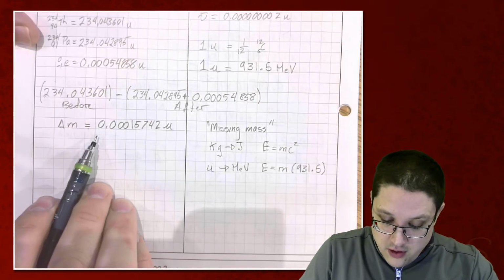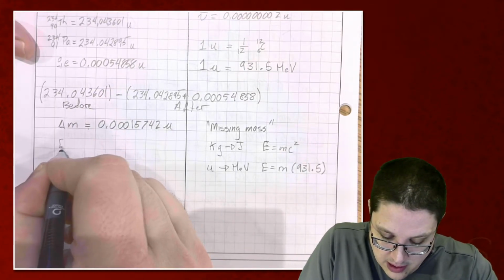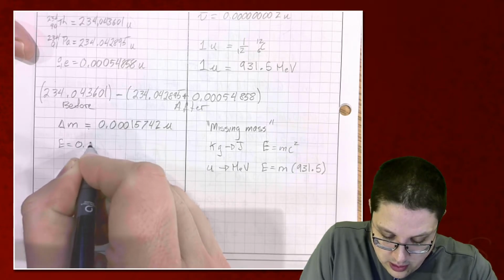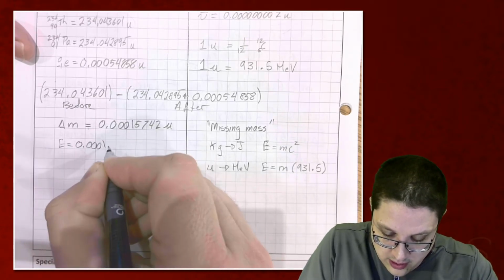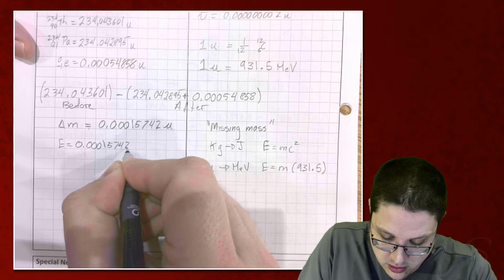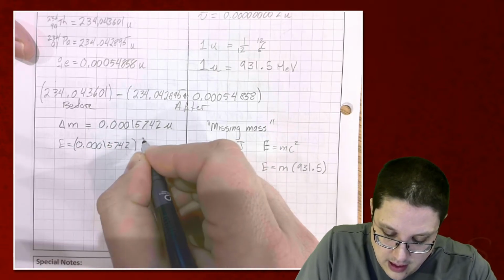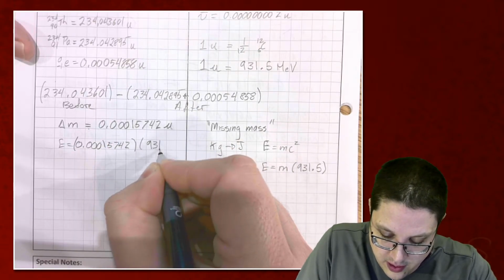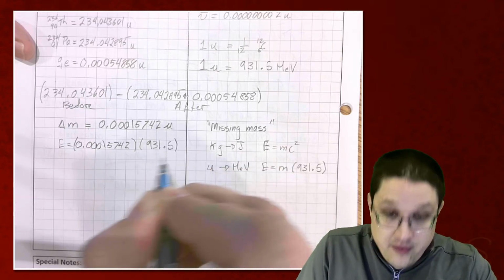So converting this here, I'm going to go, my energy is 0.0001572 times 931.5.